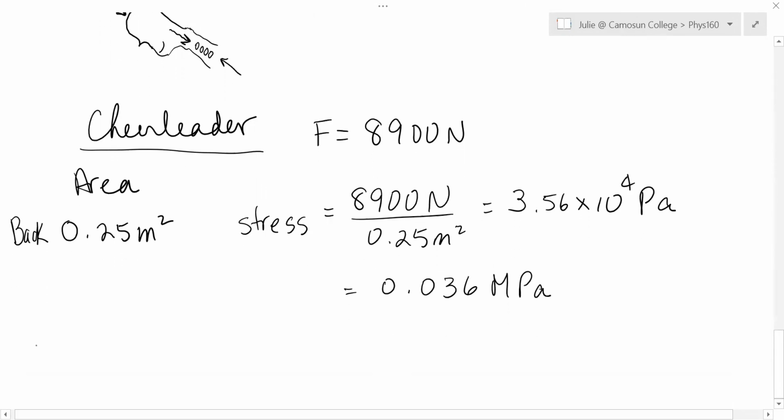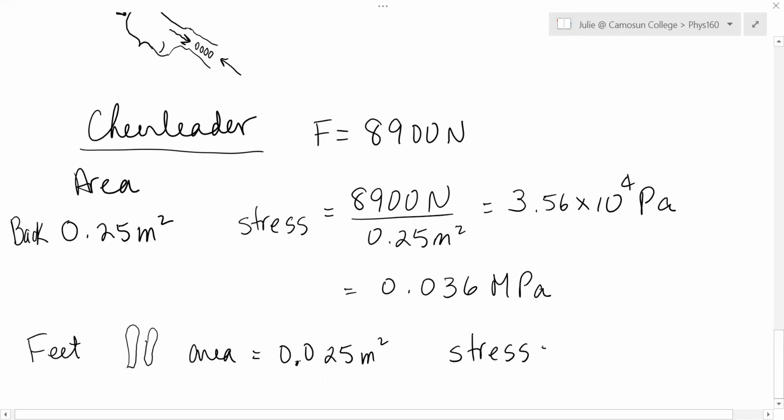If she were to land on her feet, on both feet, I just estimated the area of her feet, like if you sort of take, she's got a foot here and another foot here. I estimated that area to be 25 centimeters by 10 centimeters, or 0.025. So a factor of 10 smaller in area increases the stress by a factor of 10.